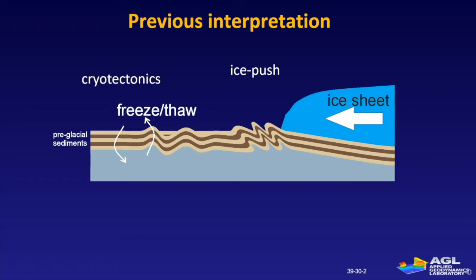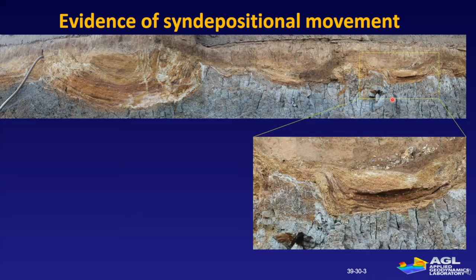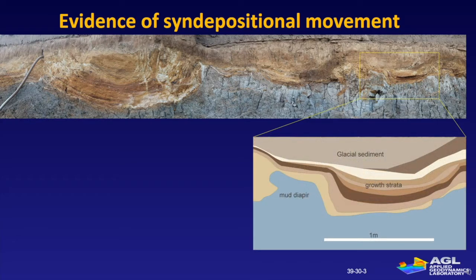So we can look at the sediments themselves and find this is definitely not the case. In this section, if you look at the little mini basin up here on the right, let's zoom in on that, you can see within this very clear evidence of wedging of these warm water sediments, indicating that these are growth strata.